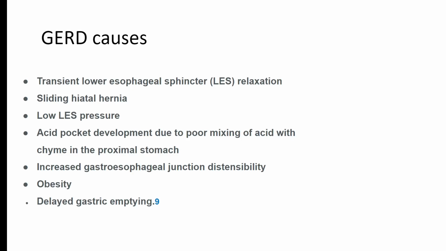And delayed gastric emptying. Gastric emptying is delayed either due to neurological factors or, more commonly, due to the type of food, particularly oily, fatty substances. They require a long duration in the stomach, and if the food is retained in the stomach for a longer duration, that increases the chances of gastroesophageal reflux.